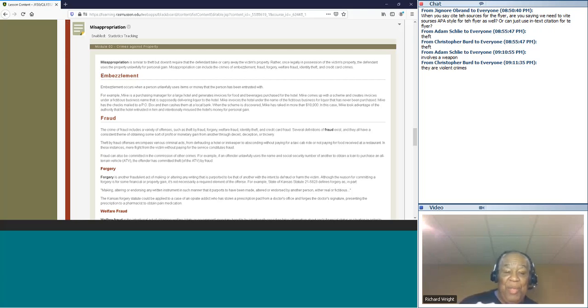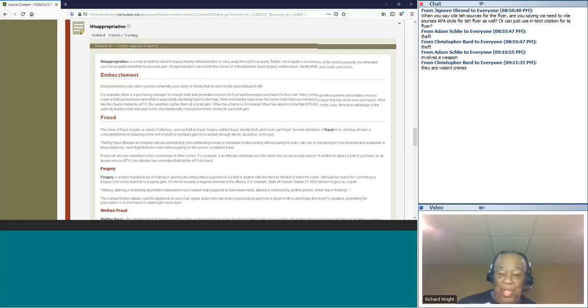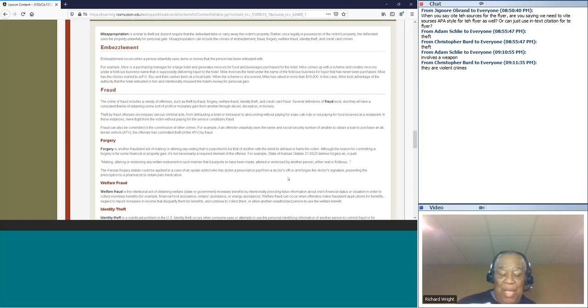But the idea of forgery is taking something that doesn't belong to you. Let's say, for example, I took a check from somebody else and then went to the bank to cash it, passing myself off as that person. In that case, that's forgery.